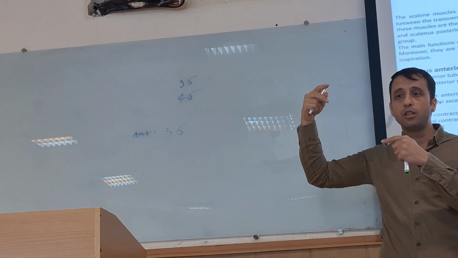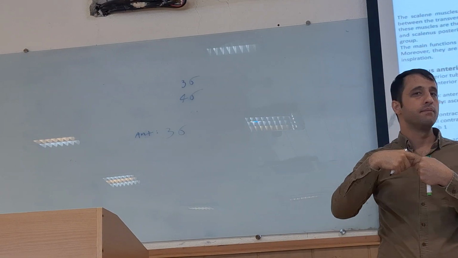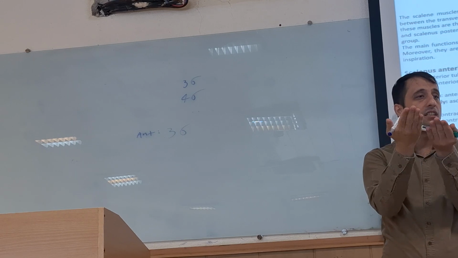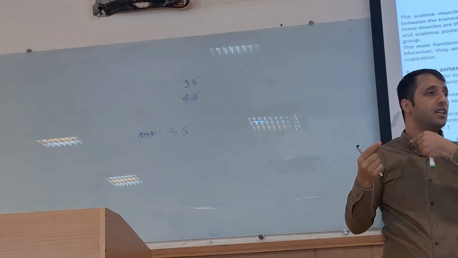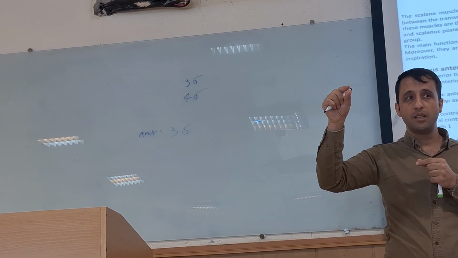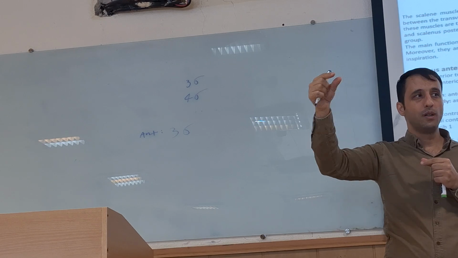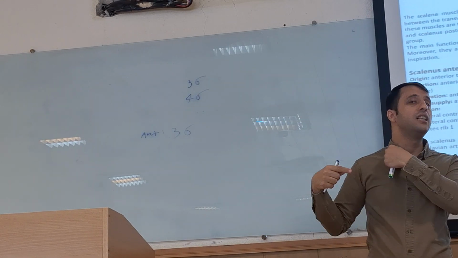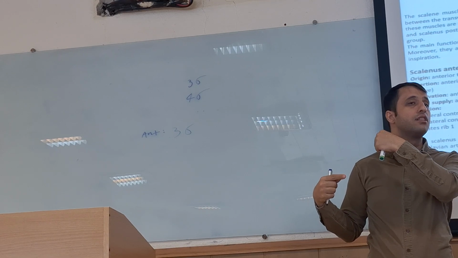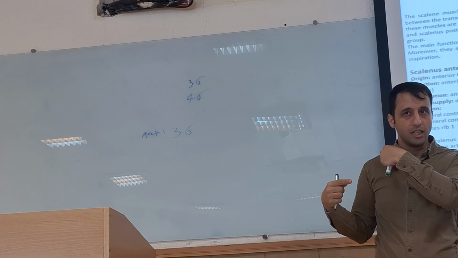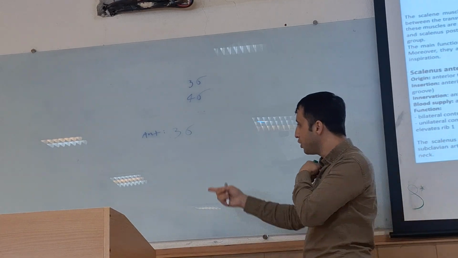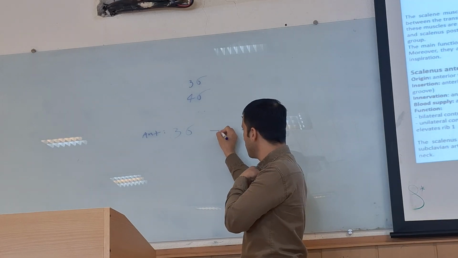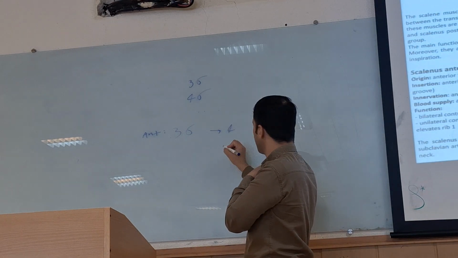When anterior scalenus muscle travels inferiorly to the superior surface of the first rib, we have a tubercle. Do you remember? Yes. Scalene tubercle. This muscle attaches to the scalene tubercle on the superior surface of the first rib. Okay? What is the innervation of the anterior scalenus muscle? 46.